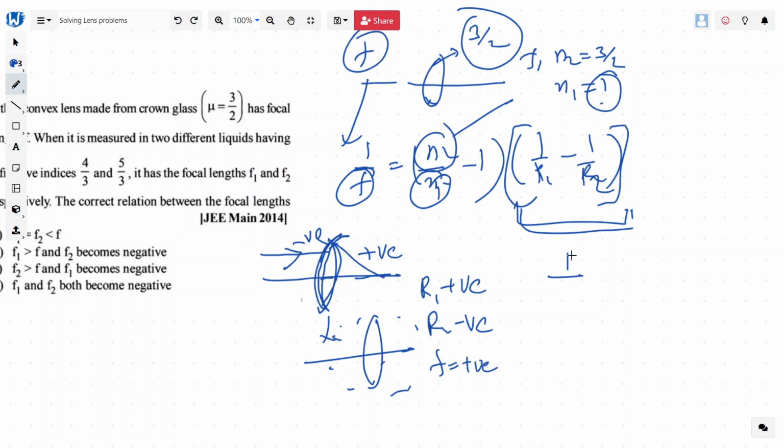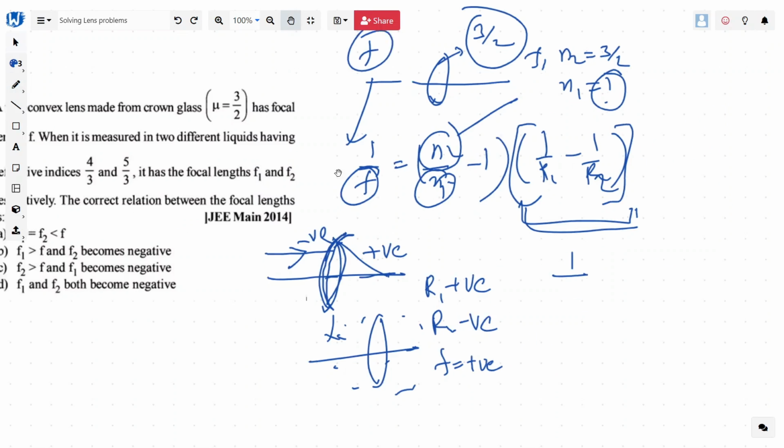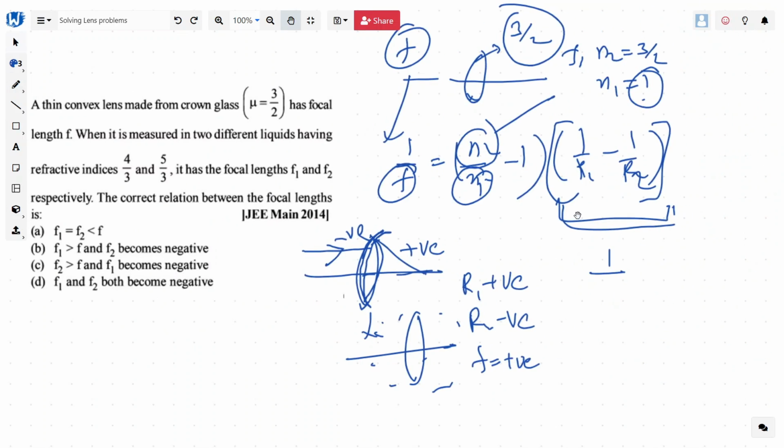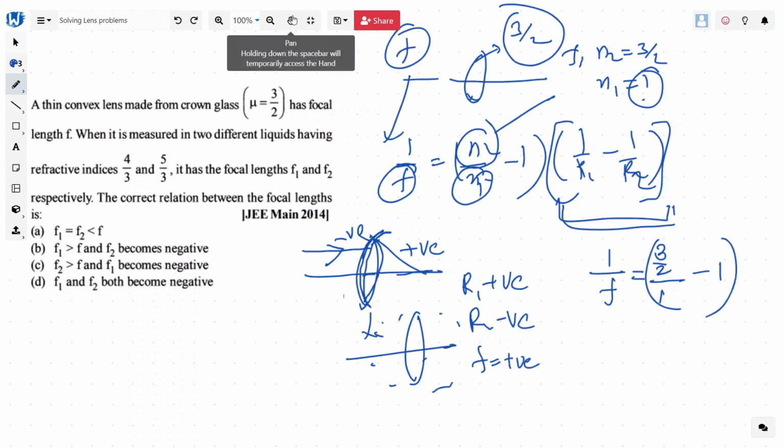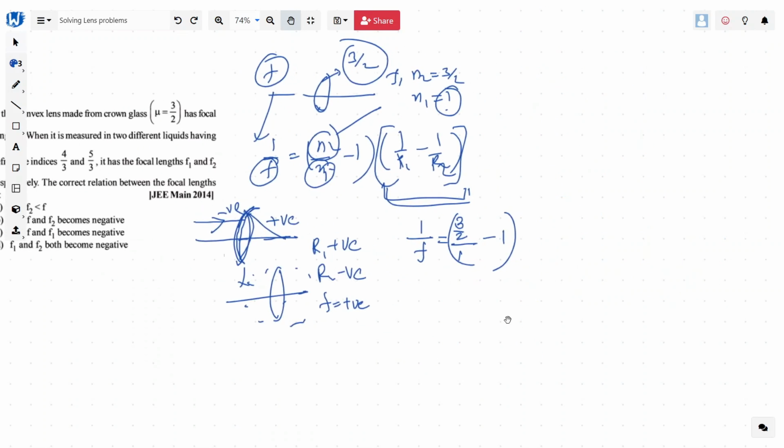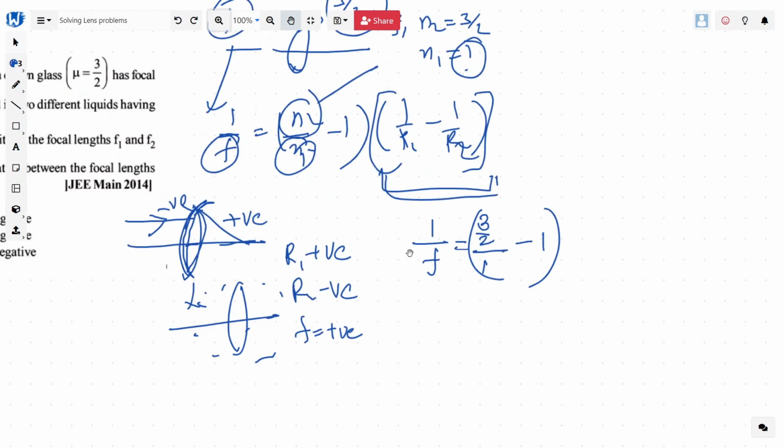So 1 by f, we don't have a numerical value but we have f, okay, so we are going to put that f. So 1 by f is going to be n2, right, which is 3 by 2, divided by the air, minus 1, and now r1 we have already written as a positive, right?